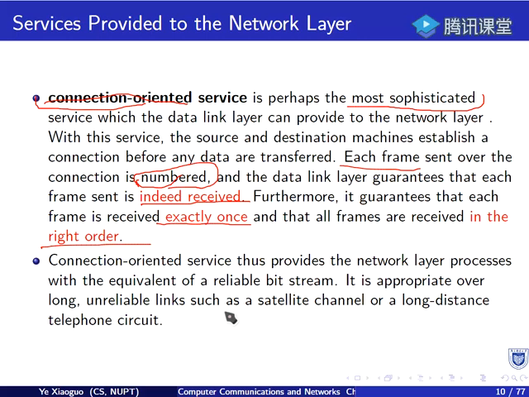They are usually unreliable, probably with noise or interference. So on this kind of channel, the data link layer should be sophisticated to deal with errors occurring.